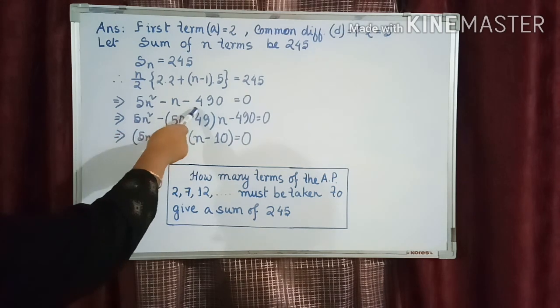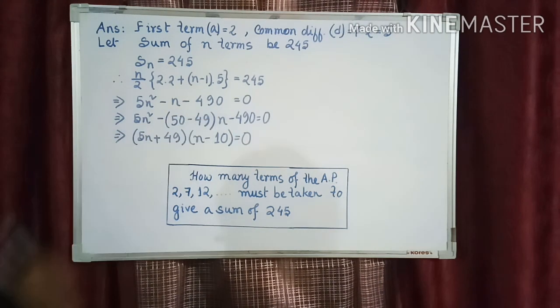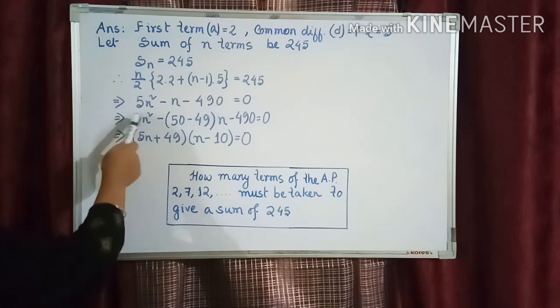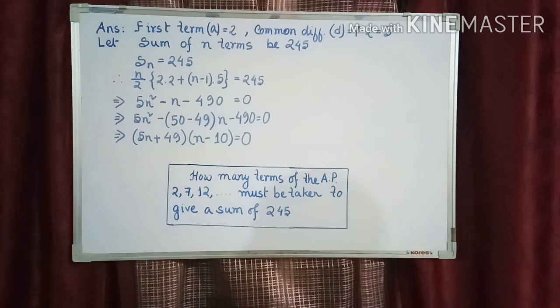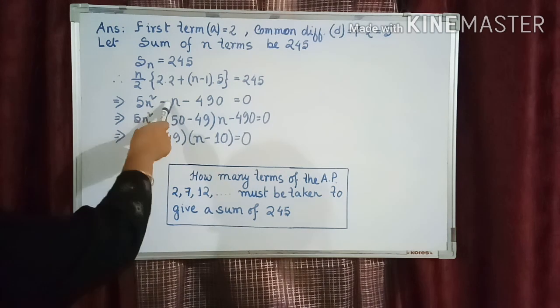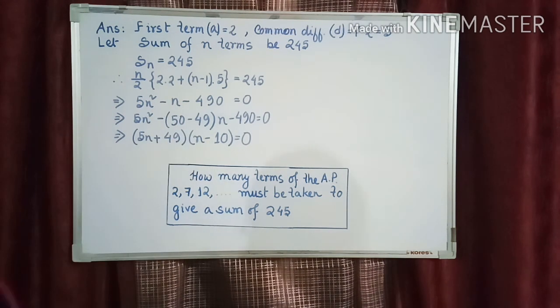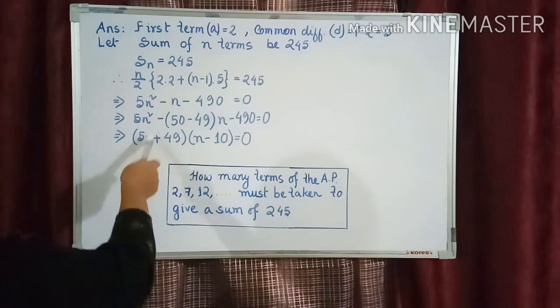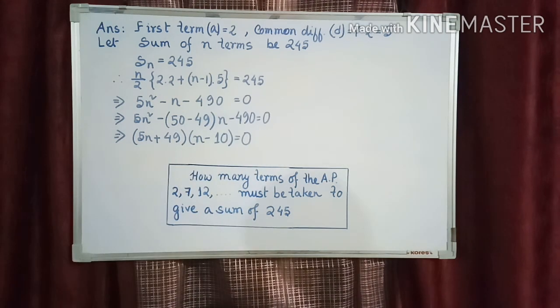5n square minus n minus 490 equal to 0. After that we have to solve it by splitting the middle term. Then we get the middle term, minus 1, as 50 minus 49. After that we will get two factors of this quadratic equation.